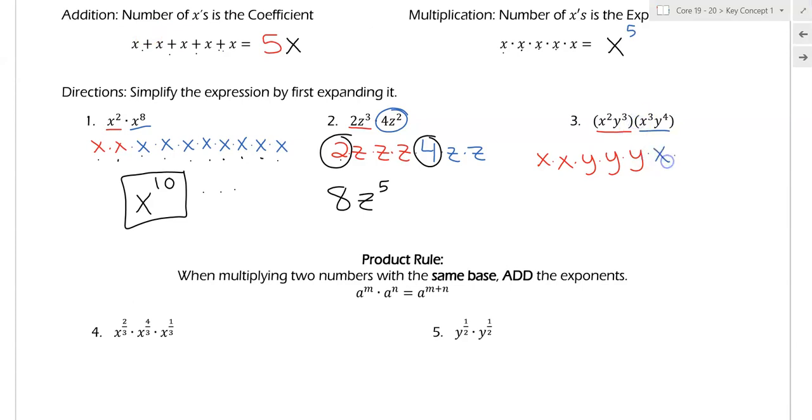And then I have 3 more x's and 4 more y's. So now I have to be careful. Again, I'm going to write them kind of separately. How many x's do I have? 1, 2, 3, 4, 5. And how many y's do we have? 1, 2, 3, 4, 5, 6, 7.